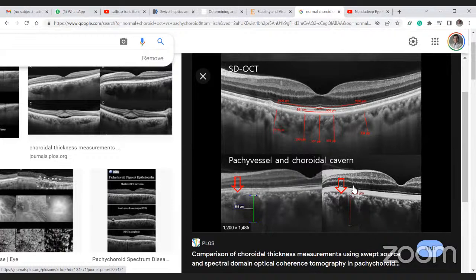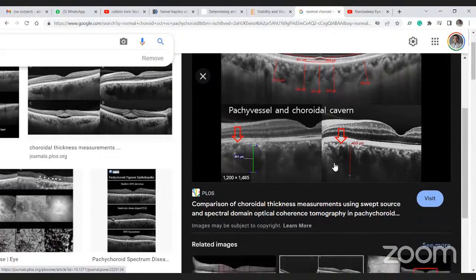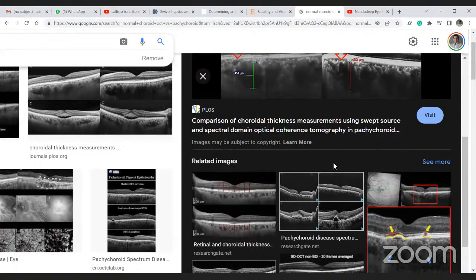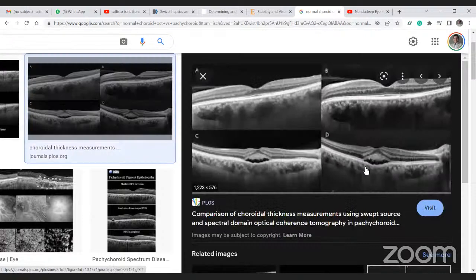So this is enhanced depth imaging, which is seen in SD-OCT, but you can see better with the swept source OCT. And you can measure these vessels. So now onwards, in a normal case also, you try to measure the choroidal vessels, and you will understand when it is more than what is usually there, right? Yes.